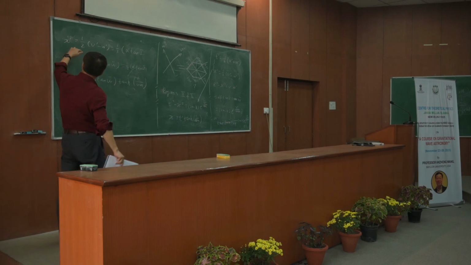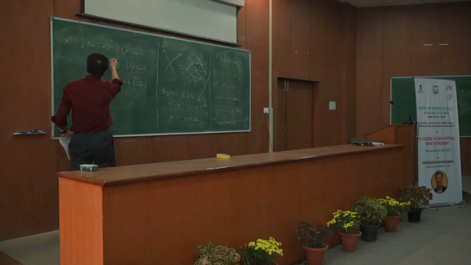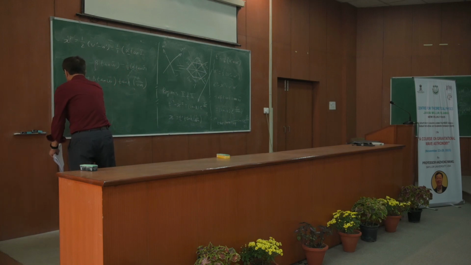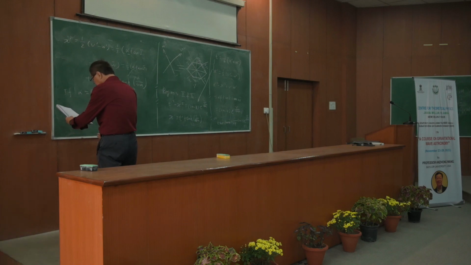So this x prime is actually my t. If you simply look at this alpha, beta, if alpha equals beta, we have the following.